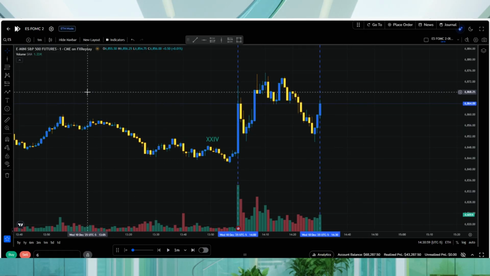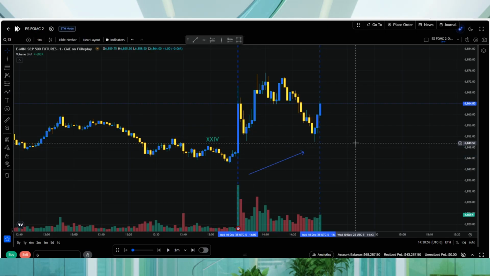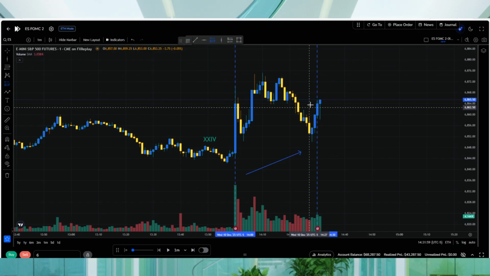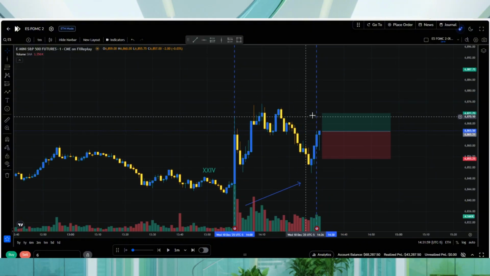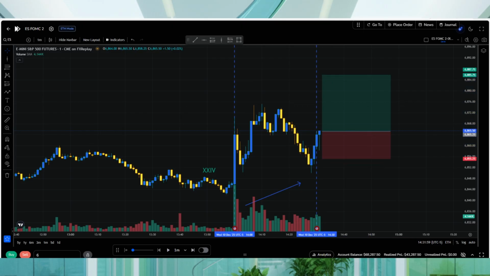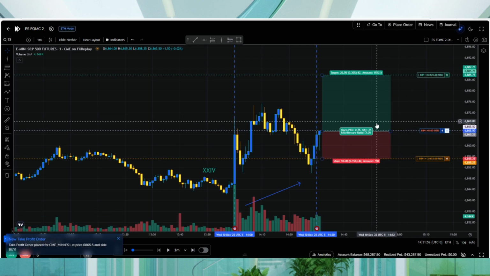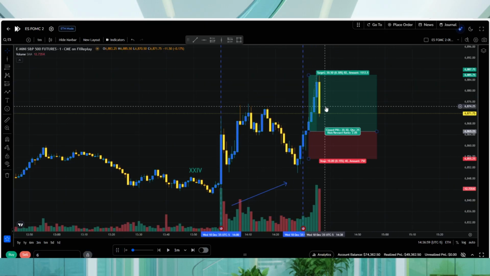All right, the market is bullish, printing higher highs and higher lows. So we're just looking for an entry. So we have an entry off the bat here. And it gets hit.